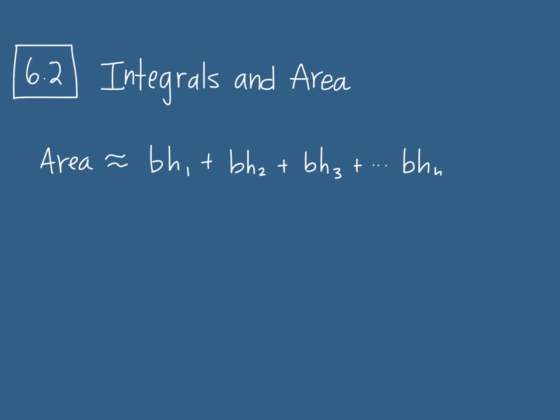Now that's cumbersome, so we come up with a way of simplifying that and writing it a little bit more elegantly. And so we can say, all right, well then we'll say that the area is approximated by the sum, because the sum can represent all of that addition over and over and over again, of b h sub k, as k, and so when you write summation, you put the first one on the bottom.